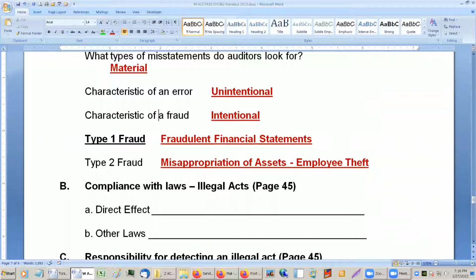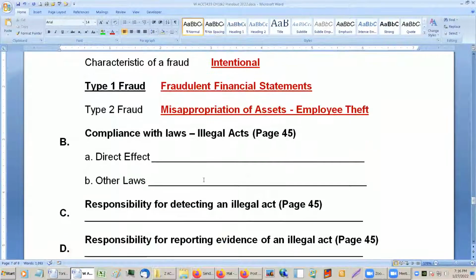You've got companies that have 5 billion in income. It would take an awful lot of fraud to change that. $5 million is nothing. So it'd be very difficult.